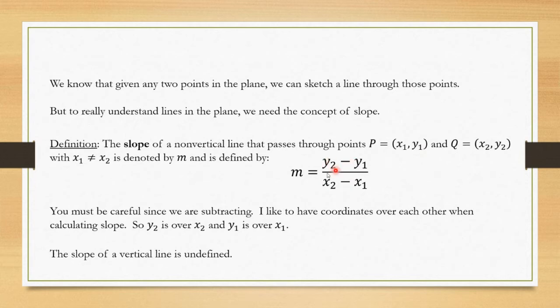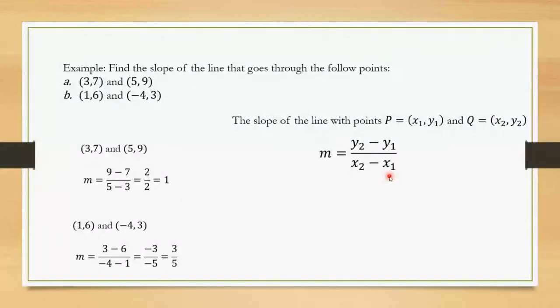If you mix up the top or the bottom, subtracting in the wrong order, your answer will be the negative of the true answer. But there are ways to tell if the slope is positive or negative before you even do a calculation, so we'll see that later on.